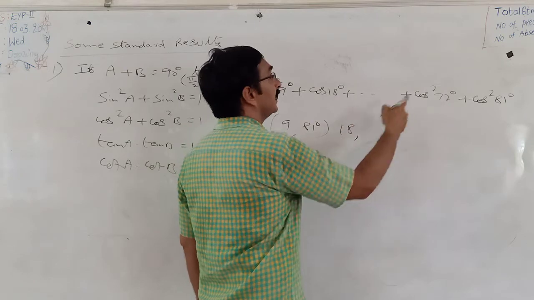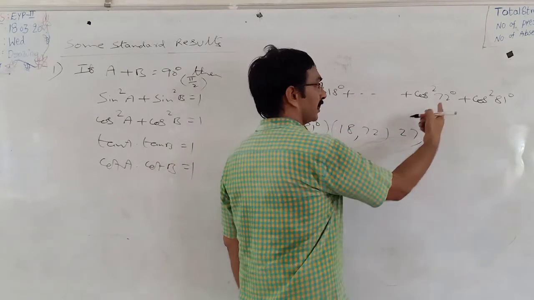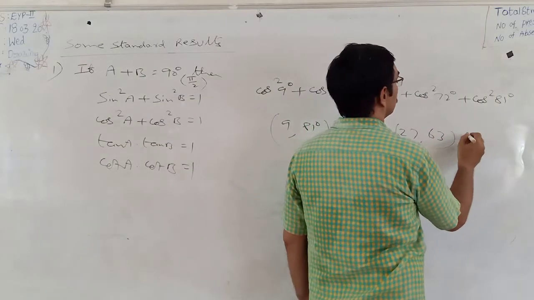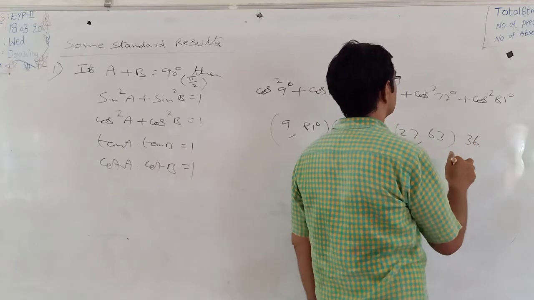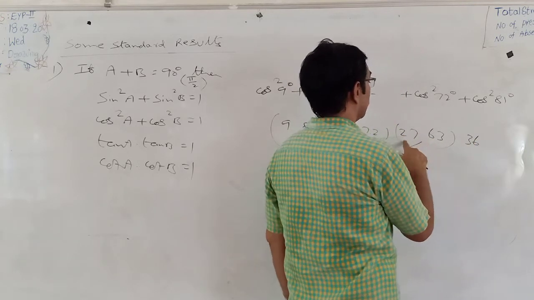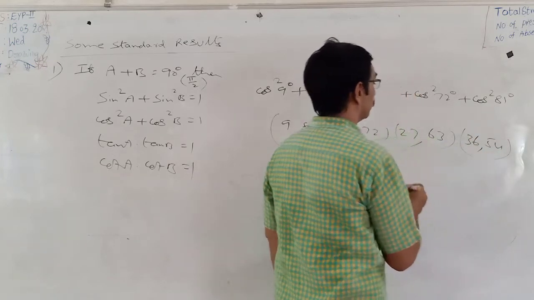Next 18, last but one 72. Next one 27, before this one 63. Next one 36, 9 fours are 36, fourth one from the end is 54.